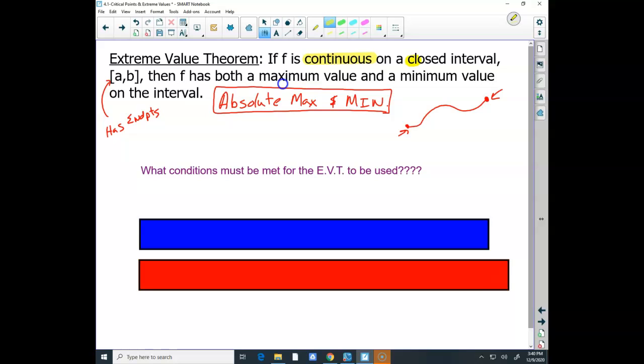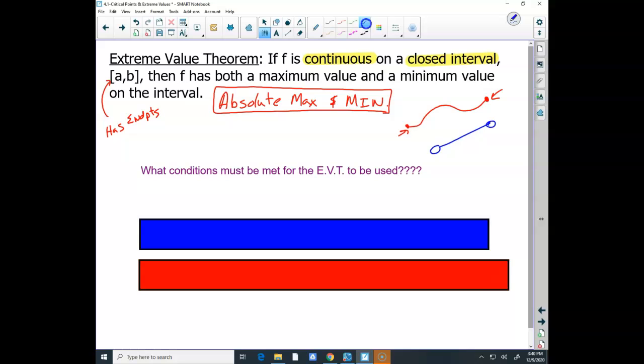It also has to be on a closed interval, meaning I can't have open points. If I had an interval from here to here, I don't have any extreme values in there. I have none. My endpoints are open, therefore we can always get closer and closer to that hole. There's no high point in the graph, there's no low point in the graph.